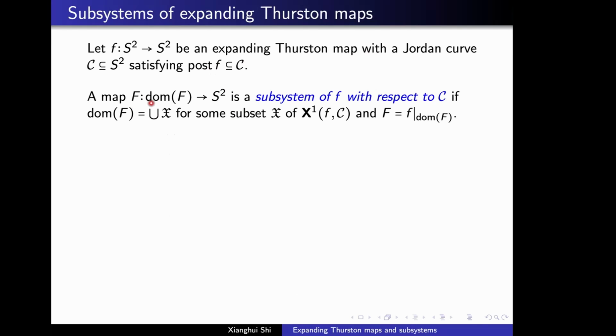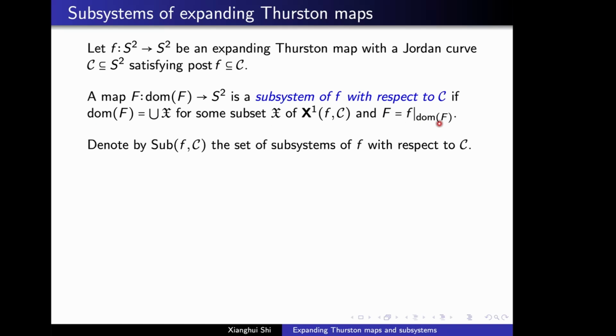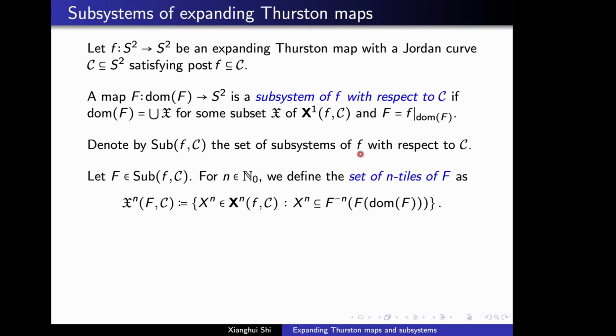A map capital F from its domain to S2 is called a subsystem of F with respect to the Jordan curve C if, first, the domain is the union of some 1-tiles, so the domain of capital F consists of some 1-tiles of F, and the map capital F is just the restriction of the original map F to its domain. We denote by Sub F the set of all subsystems.